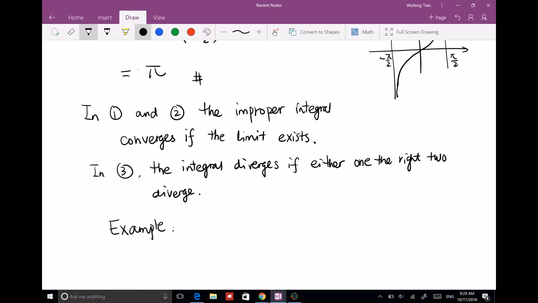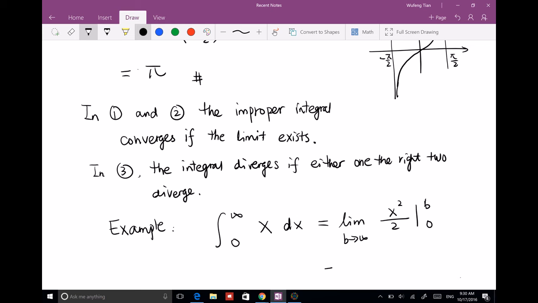A lot of improper integrals diverge. For example, just a very simple example: the integral from 0 to infinity of x dx. This one, you can definitely see it diverges, because you change the limit to b goes to infinity. The antiderivative of x is x squared over 2. Plug in 0 and b.